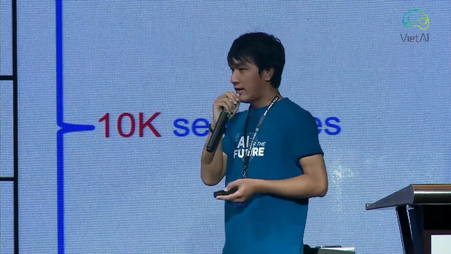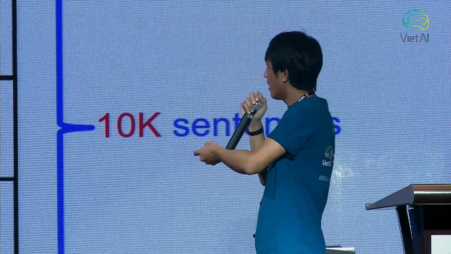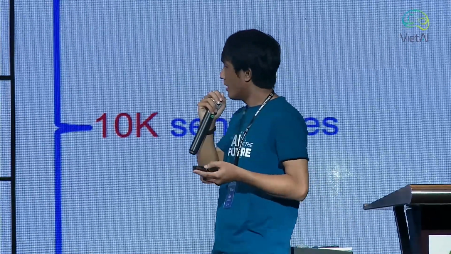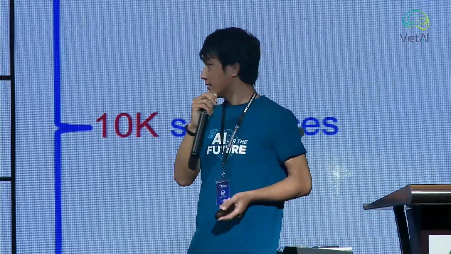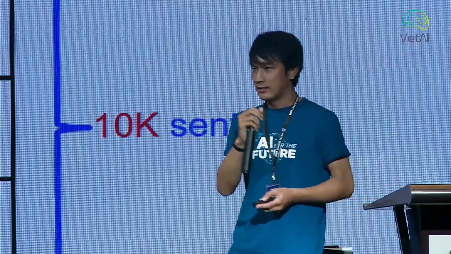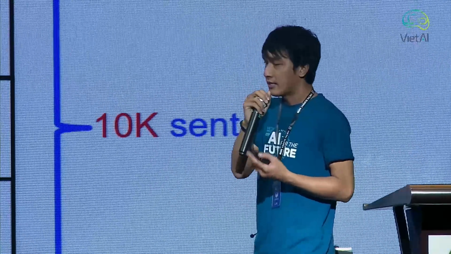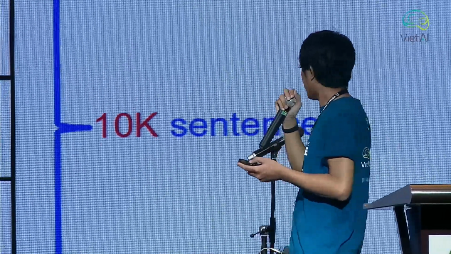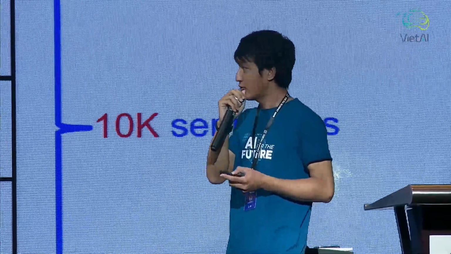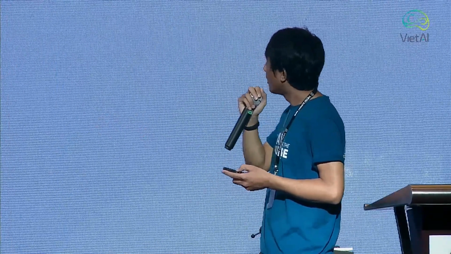So the training data would be like many pairs of reviews and labels. For example, the sentence, the service here is too bad, would be labeled as negative, and the sentence I like eating at this place would be labeled as positive. And this data is very limited with only 10,000 training samples. So we need to augment using backtranslation, as I said before.